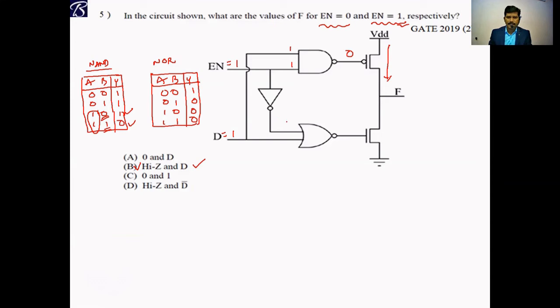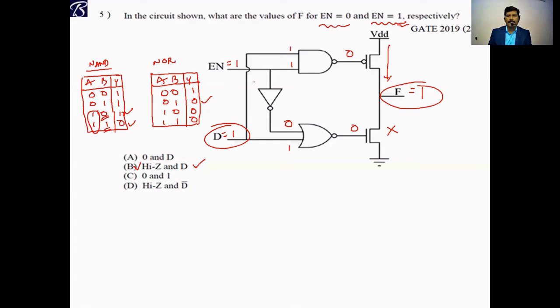And this is enable 1. That's why, because of the NOT gate, it is 0, and D equal to 1, right? So 0 1 means the NOR operation, it is 0. So this will switch off, right? So F is directly connected to VDD, so F equal to 1. That means if D equal to 1, F also 1.